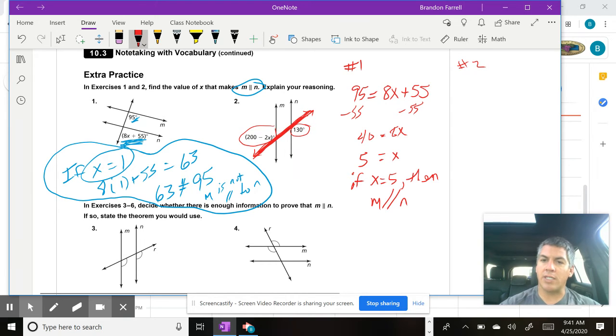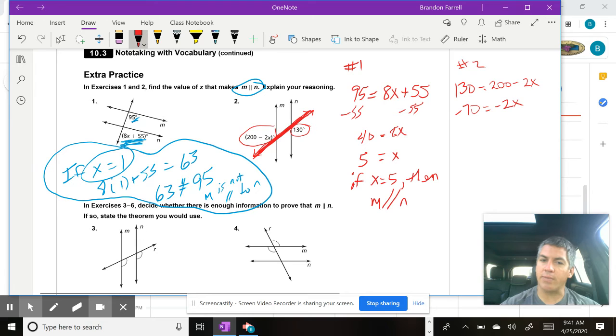All right, so we're going to set up the basic equation. 130 is going to equal 200 minus 2x. We're going to subtract the 200, so that's going to be negative 70 is equal to negative 2x. X is going to have to be some value that will create a positive angle over there.